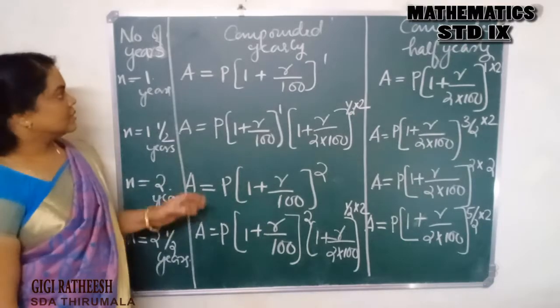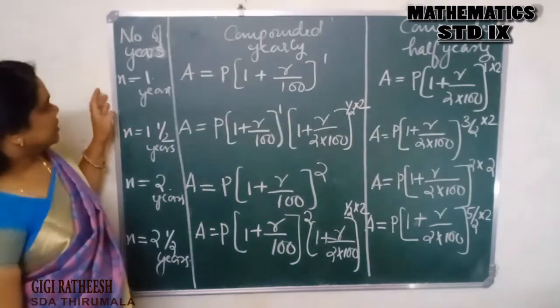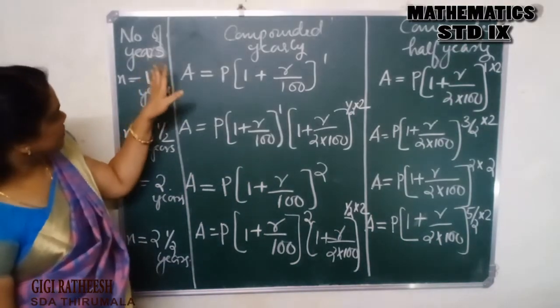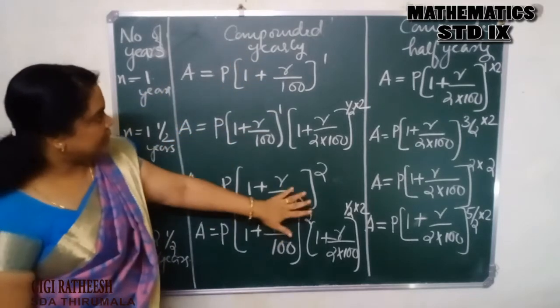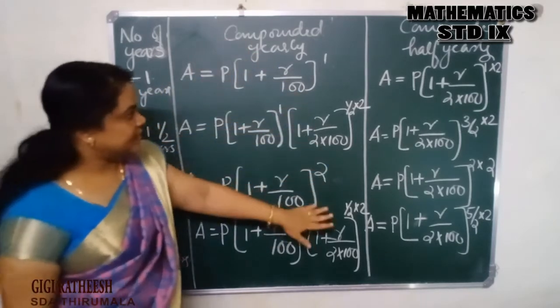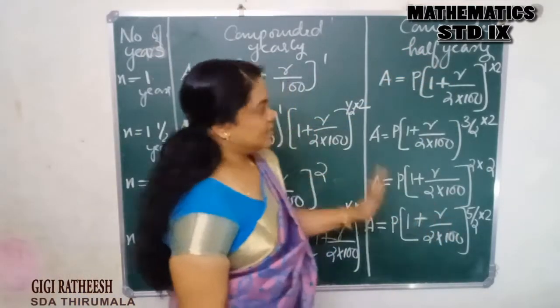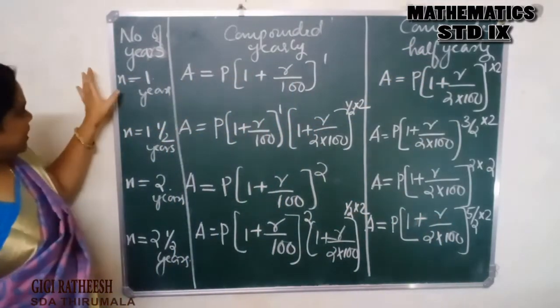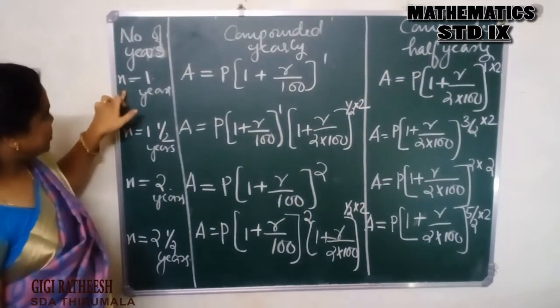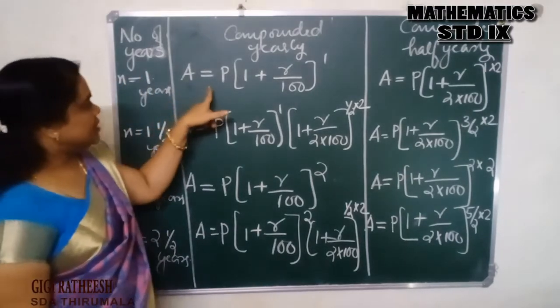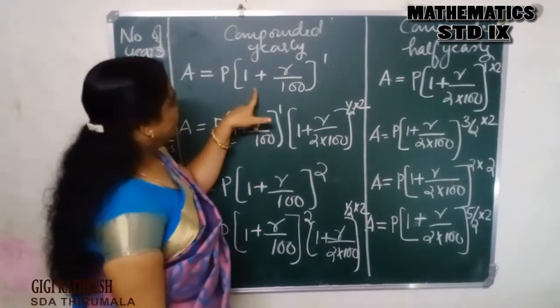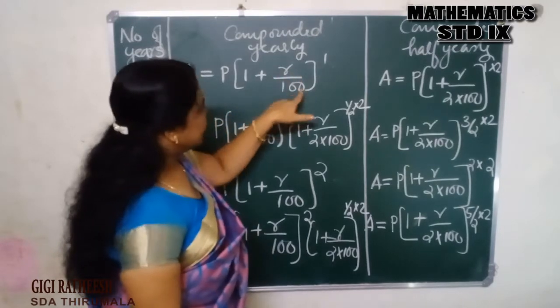Okay. Here there is a table for you. This is for the number of years, this is the formula for calculating compounded yearly, and this is for half yearly. If n is equal to 1 year, what is the formula? A is equal to P into 1 plus R by 100 the whole raised to 1.